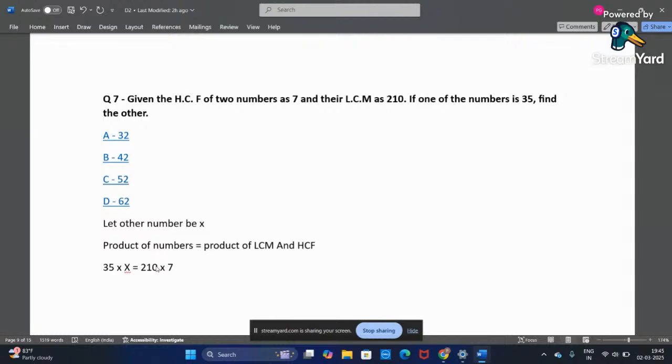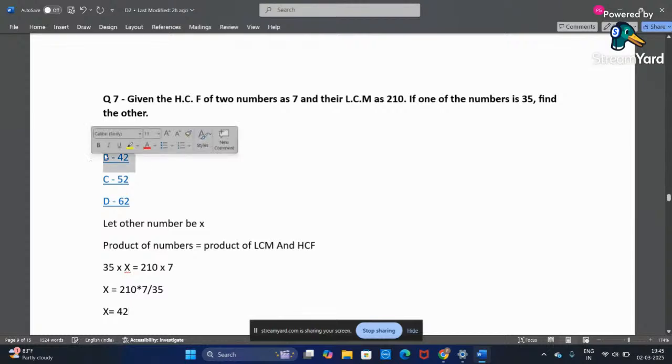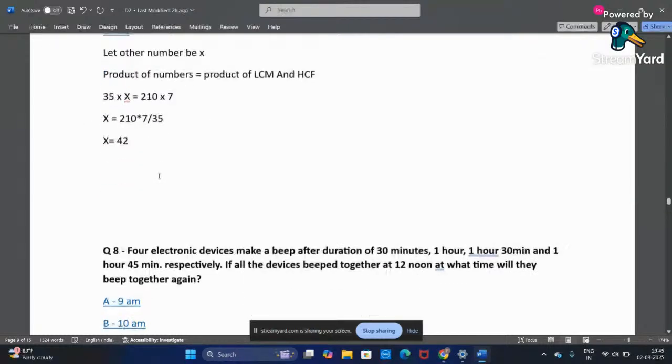Here we need to find the other number. So what you have to do, X equals 210 into 7 divided by 35, right? What is the value you're going to get? By multiplying these two and dividing by 35, what is the value you're getting? We're getting 42. For this, 42 is the right answer.